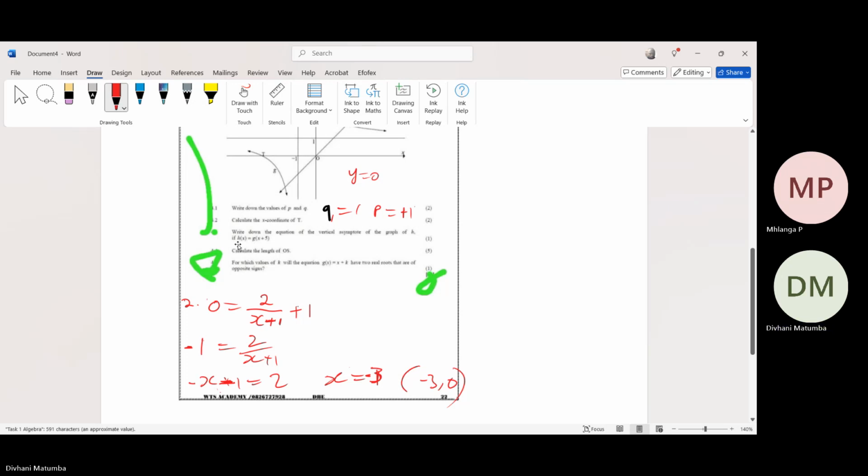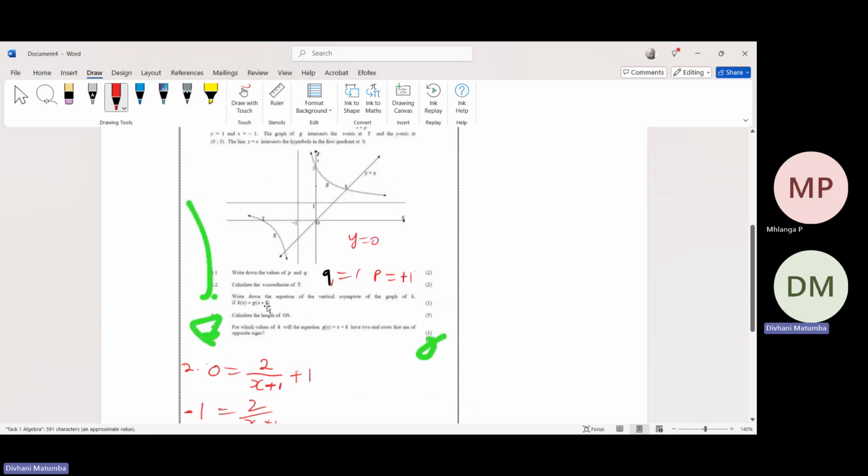Now write down the equation of the vertical asymptote of the graph of h, if h of x equals g of x plus 5. Now the x plus 5 will affect the x value, so this is a horizontal shift.